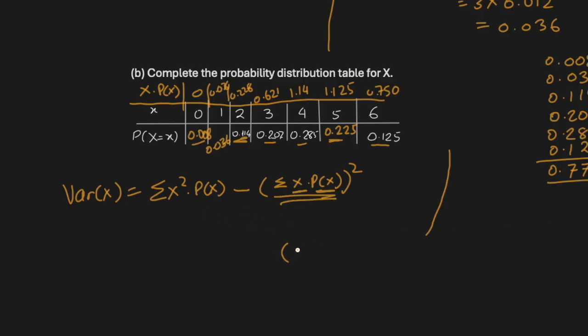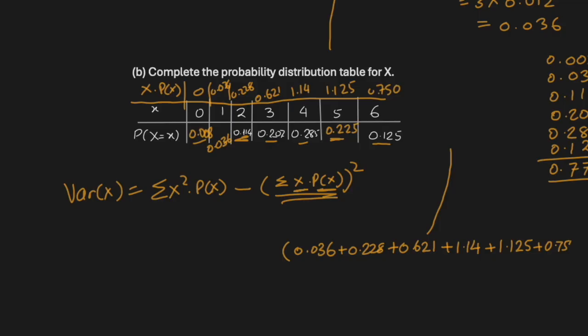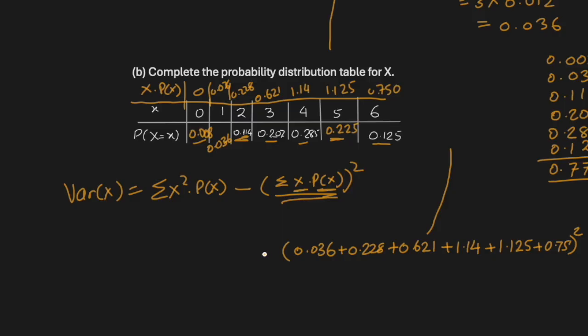I will add these all: 0.036 plus 0.228 plus 0.621 plus 1.14 plus 1.125 plus 0.75, and then square it.